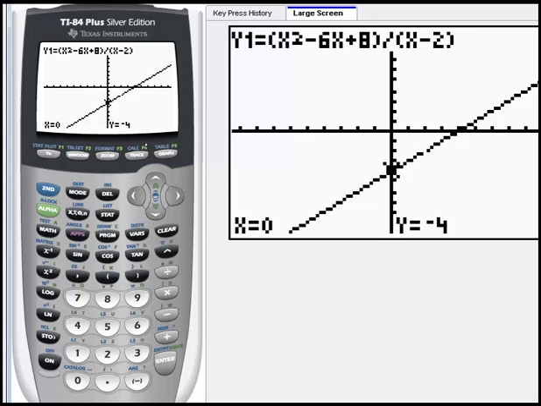Let me try to trace and get close to 2. I'm at x equals 1.8. If I go one space over, look what happened. When x equals 2, I get nothing here for the output. Well, of course not, because the function is undefined when x equals 2. But notice that there's no asymptote there. Instead, there's just this space. There's this hole in the graph.